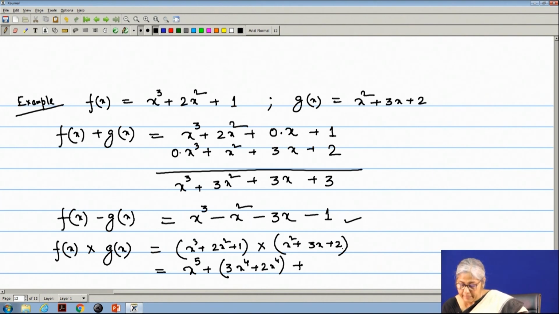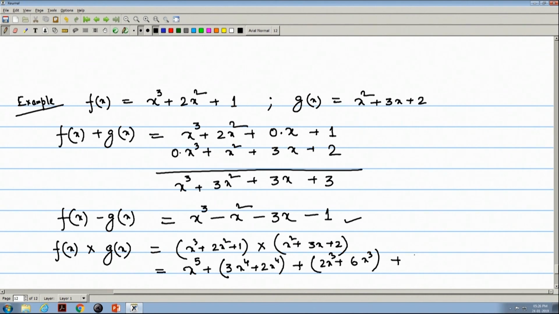that is 2x cube, then 2 into 3, 6x cube, plus that 2x cube, then x square term, 2 into 2 is 4x square, 4x square plus 1 into x square, plus, now there is no other term here.